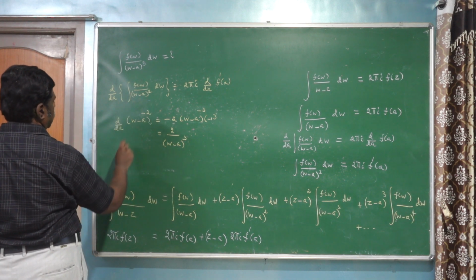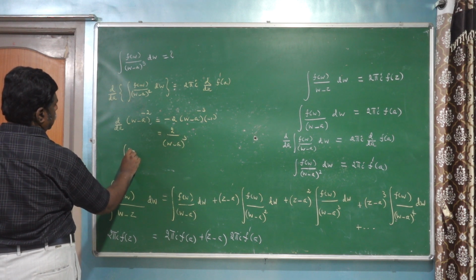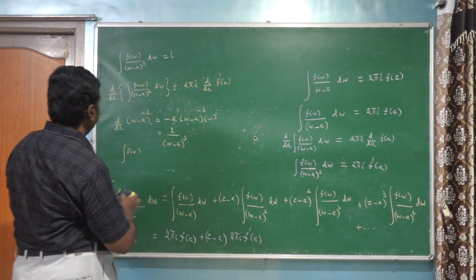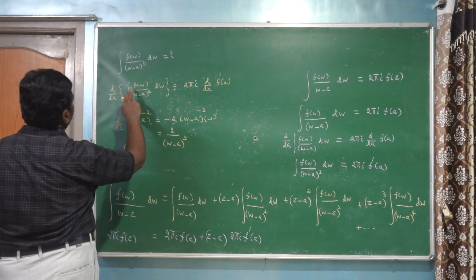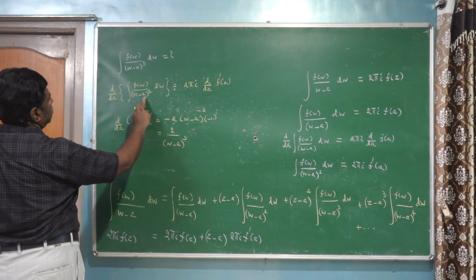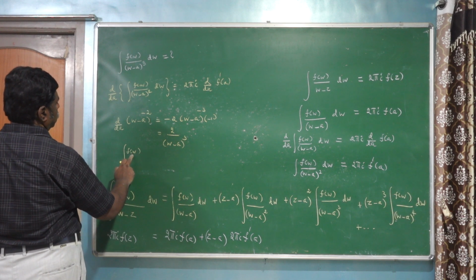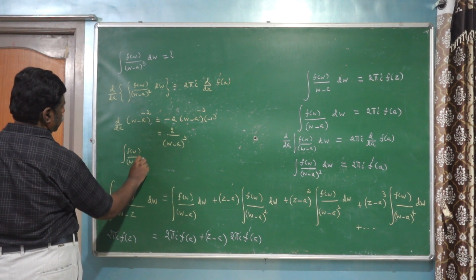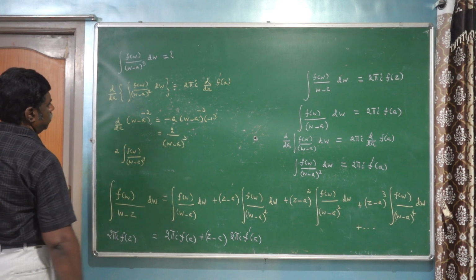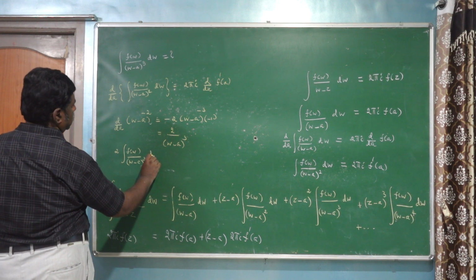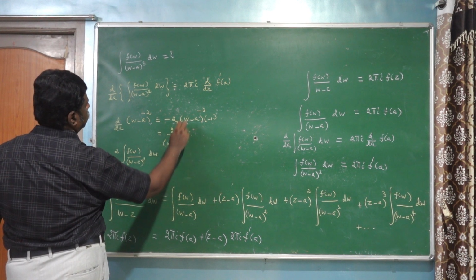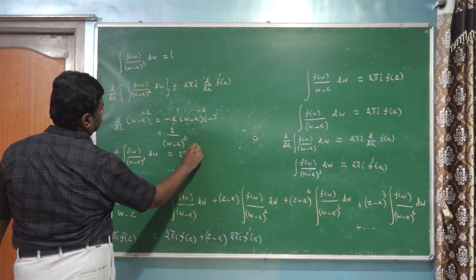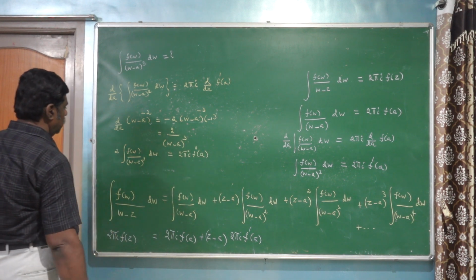Therefore, d by da of the integral of f of w divided by (w minus a) whole square into dw is the integral of f of w divided by (w minus a) whole cube, multiplied by 2 into dw, which is equal to 2 pi i into f double dash of a.